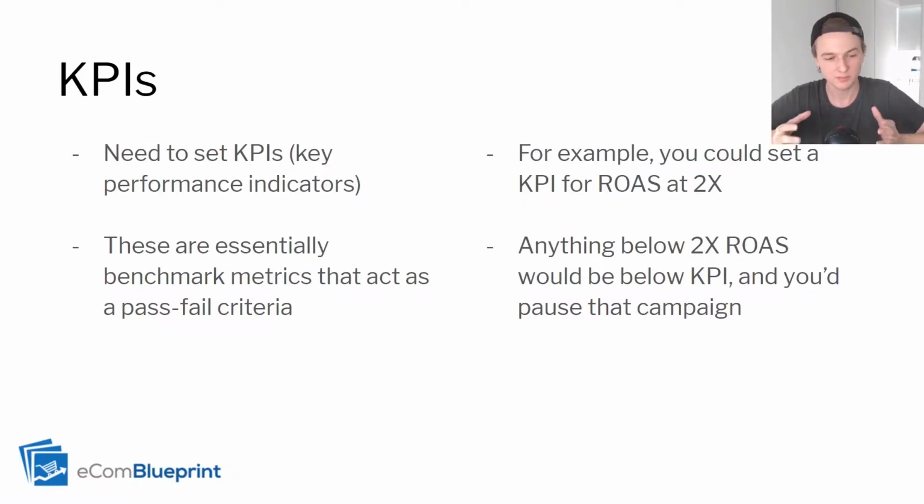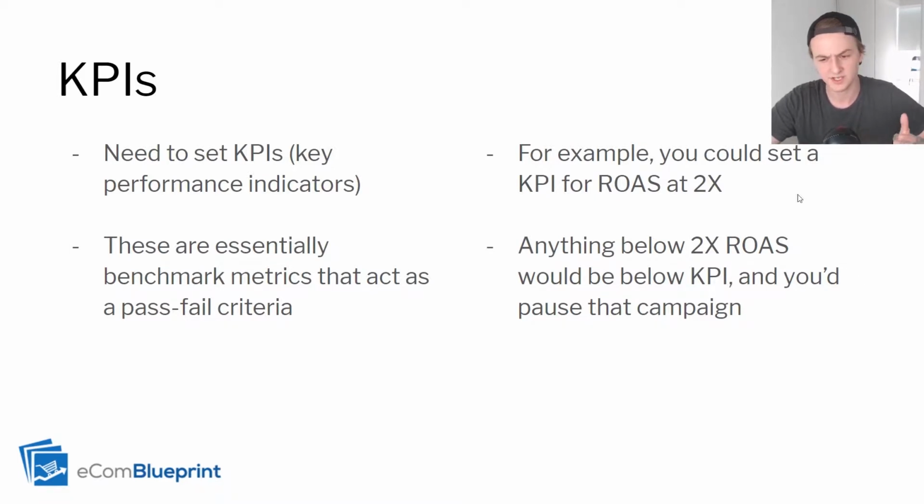All right, so now I want to talk more about KPIs, key performance indicators. So it's very important to set KPIs. If you don't have KPIs, you don't really know what you're doing, and so you don't even know when you're making money, losing money, if you're on target, or you're just breaking even. And so it's really important to do the math, figure out what your KPIs are before you start running ads. And then you can use those KPIs as pass-fail criteria, right?